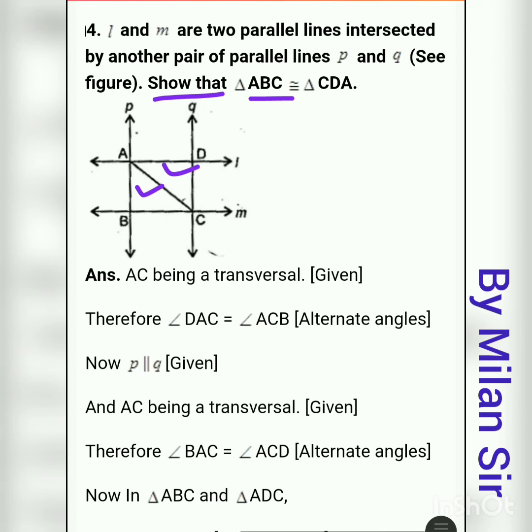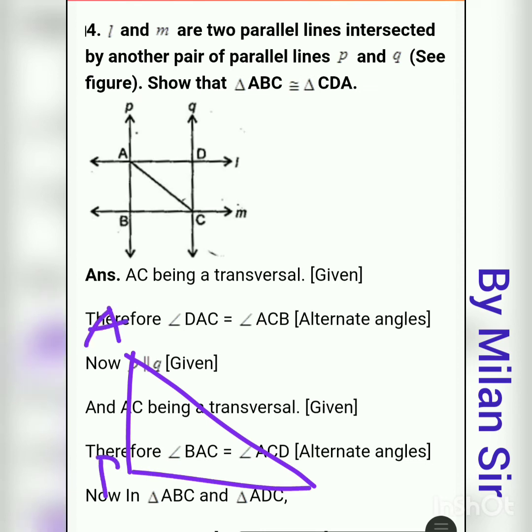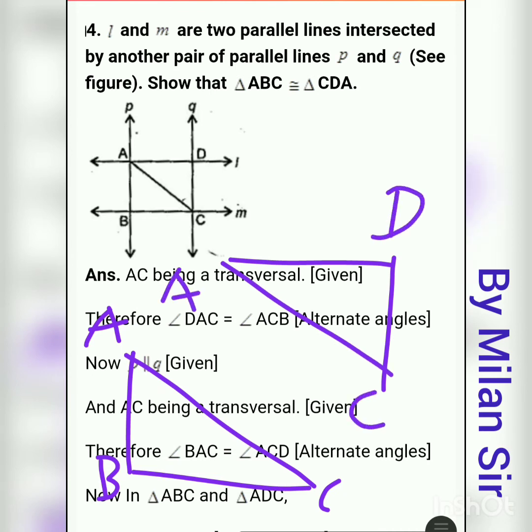So these two triangles we need to prove congruent. So here we have two triangles, ABC and the second triangle, it is A, C and D.